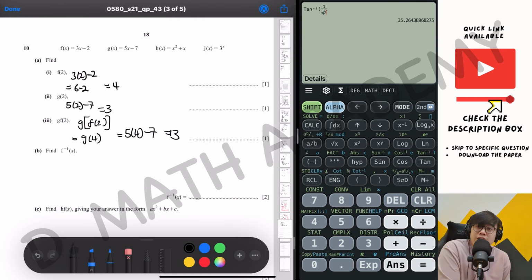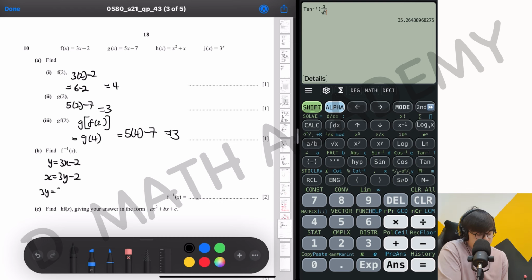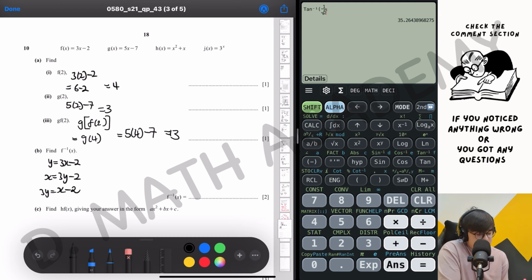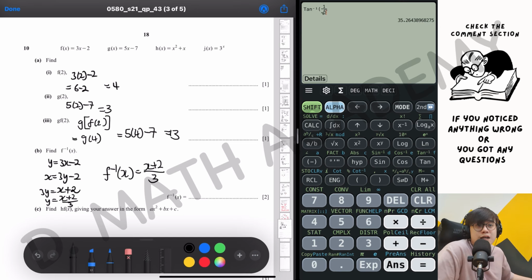And lastly, to find the inverse of it, remember the steps. Step 1, change f(x) into y. Step 2, swap their positions. Step 3, rearrange and find your new y here. Hence your f inverse x is actually (x plus 2) over 3 as your final answer.